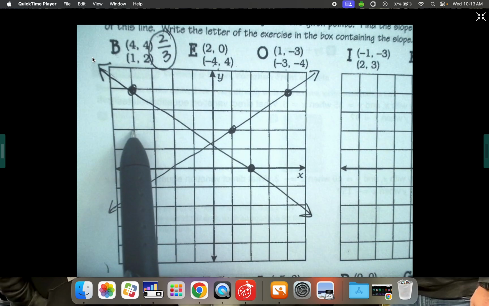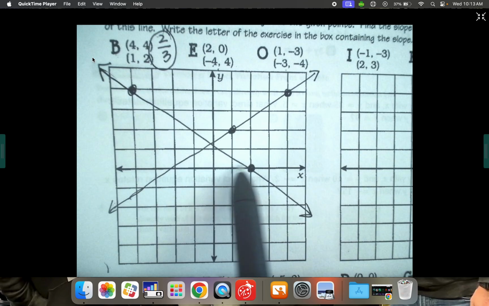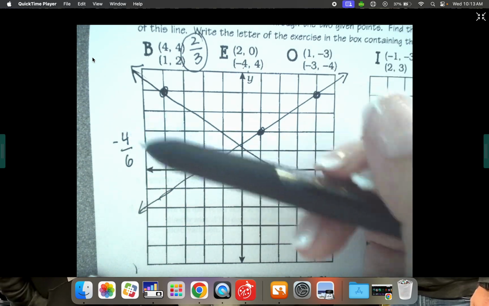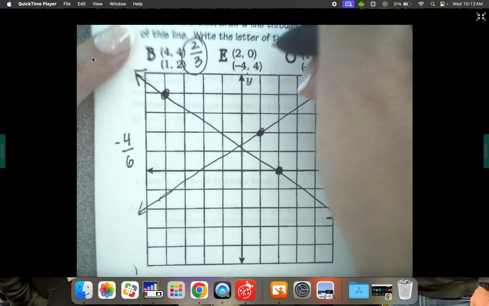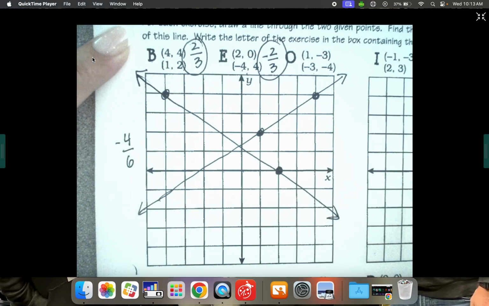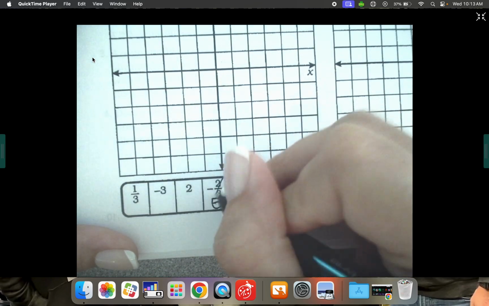It goes 1, 2, 3, 4 over 1, 2, 3, 4, 5, 6. So this is negative 4 over 6, which those both simplify. They both divide evenly by 2. So that would be negative 2 over 3, and that's E. So negative 2 over 3 is E, or you can just cross it off.